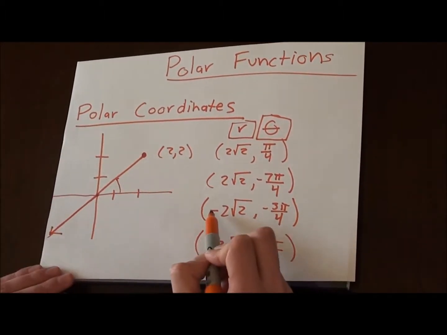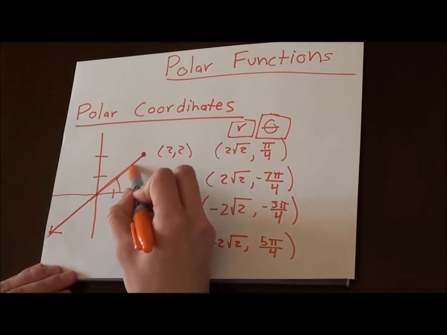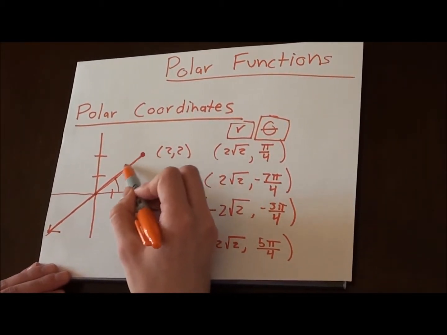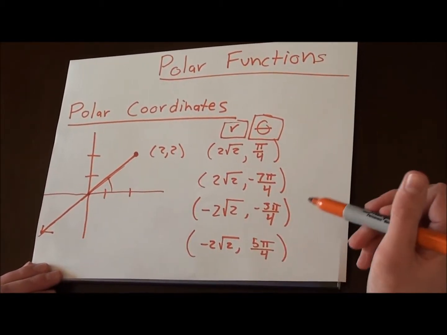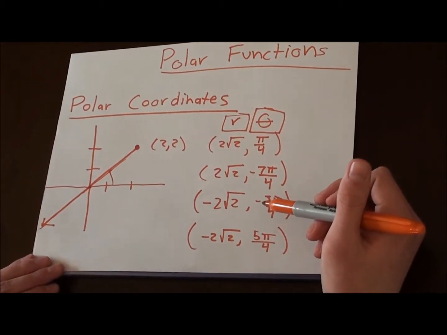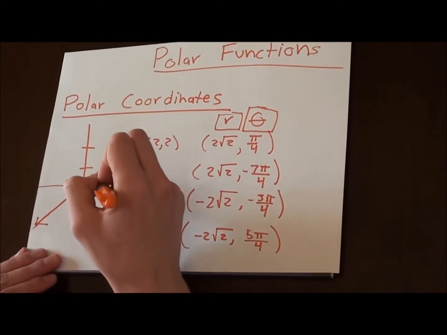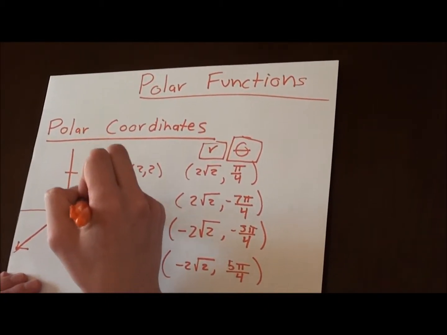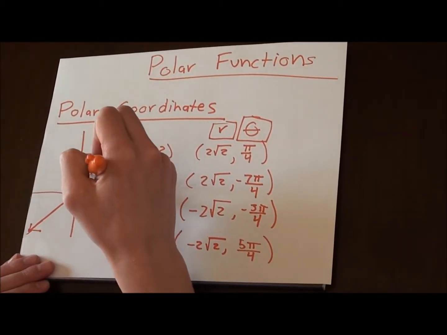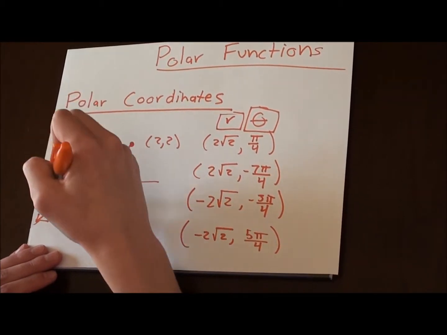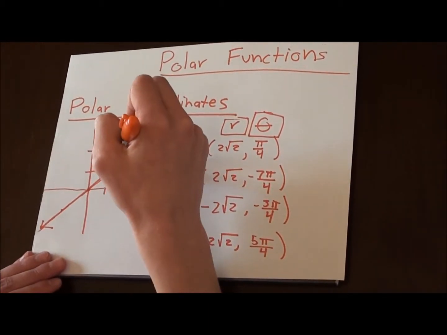But since it's negative, that reverses it, so that's another way to name this point right here. And then we can also go around 5 pi over 4 and negative 2 square root of 2, which would be right there.